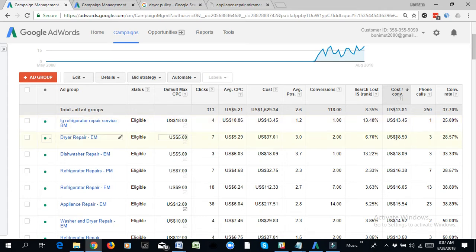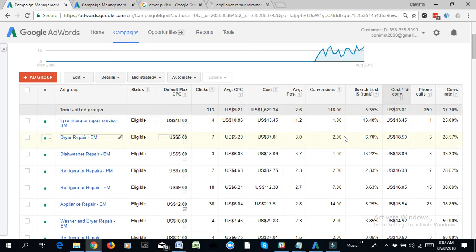Then for this one, considering our cost per lead of $25, this one indicates we are still not at a loss, but I'm just looking at anything above 20.